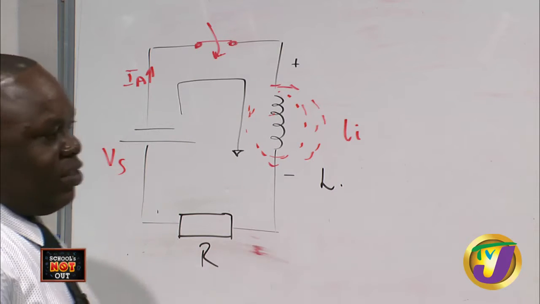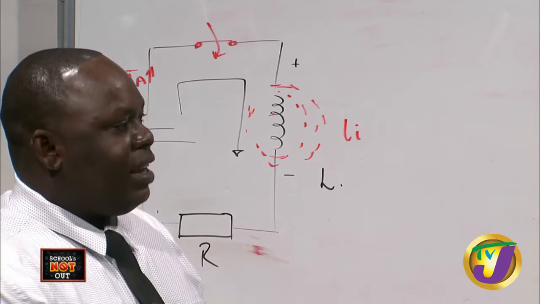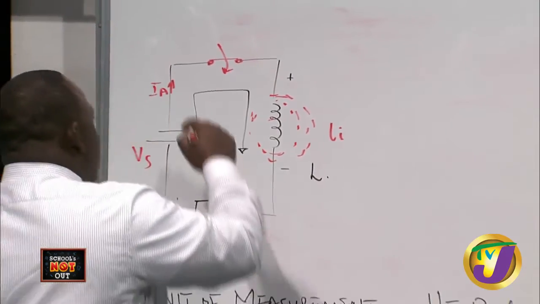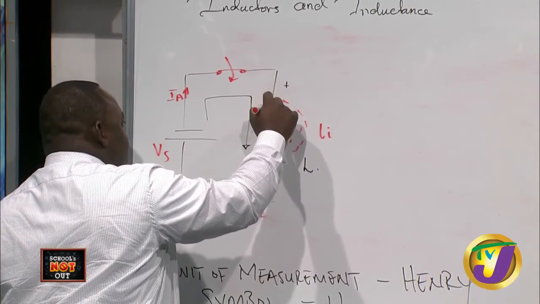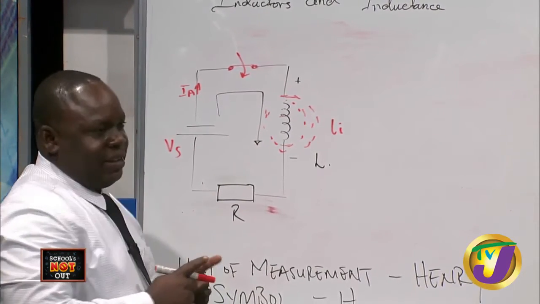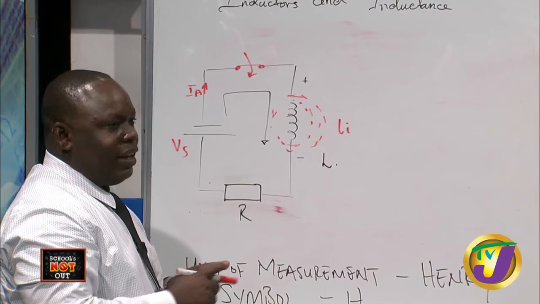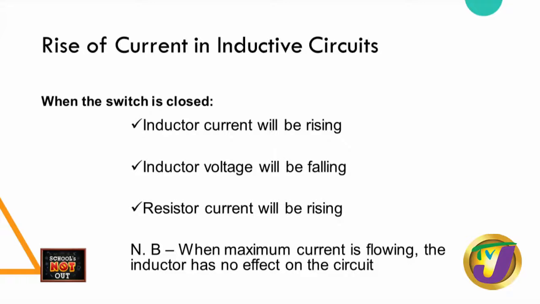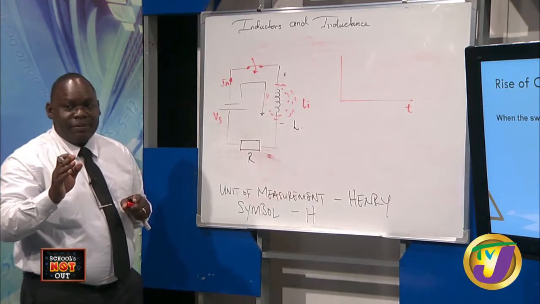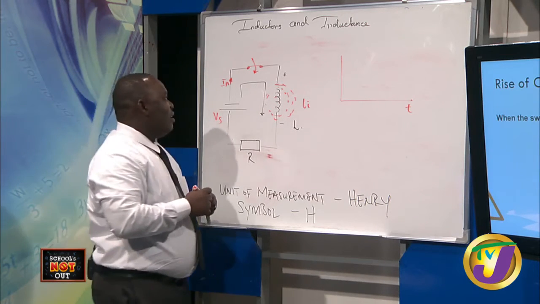Now when the switch is closed, you notice that there are a few things that will be happening. For one, the current that is flowing through the inductor will be rising. That is one important thing. Now, we could easily do a little graph, because all of this is happening with respect to time.